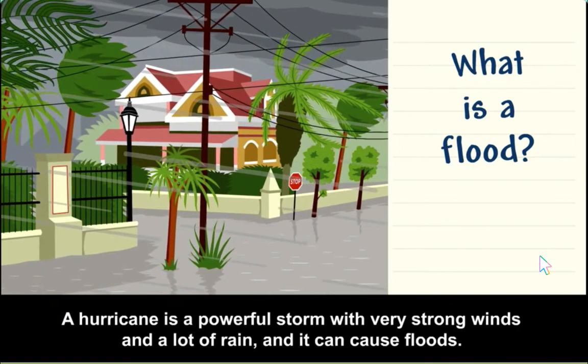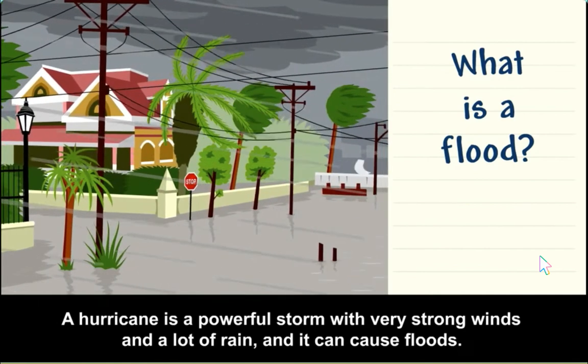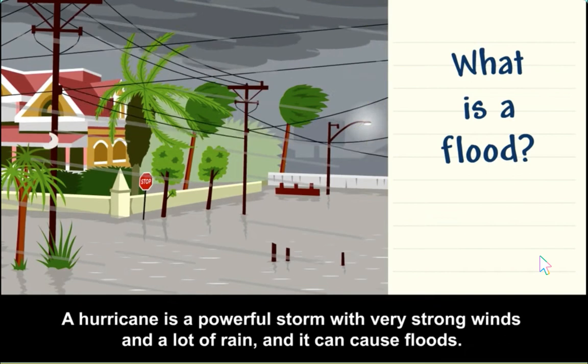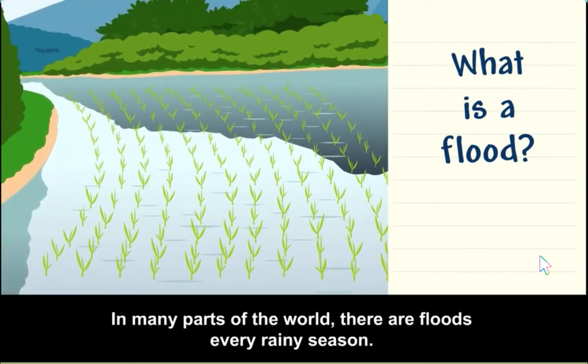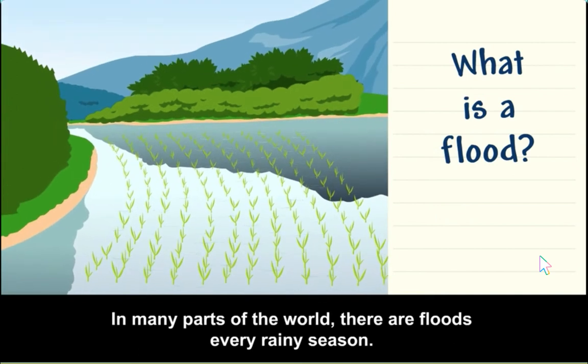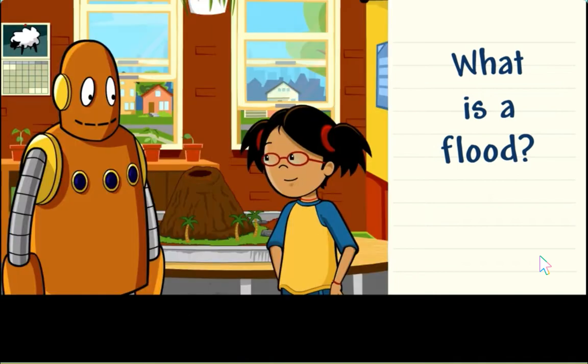A hurricane is a powerful storm with very strong winds and a lot of rain, and it can cause floods. In many parts of the world, there are floods every rainy season. The floods are natural and bring rich soil to the area, which help farmers grow crops.